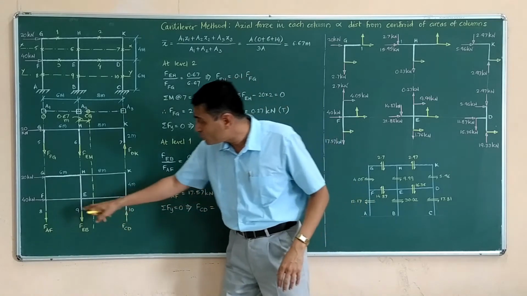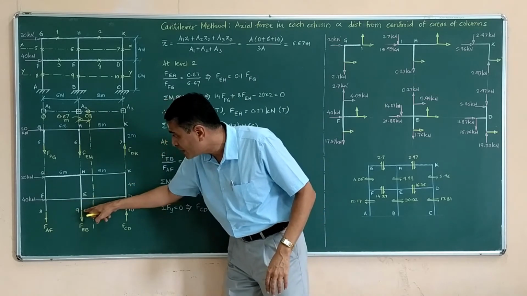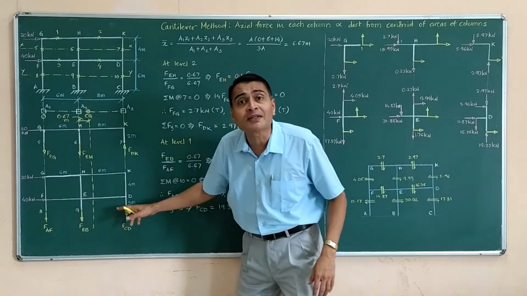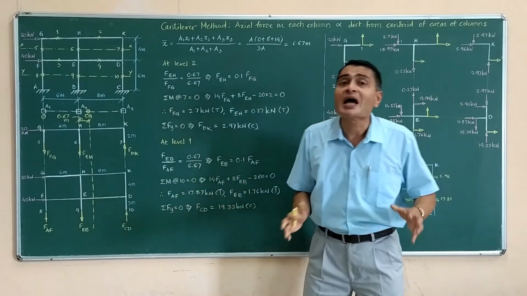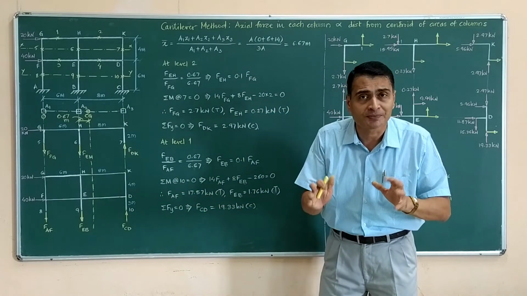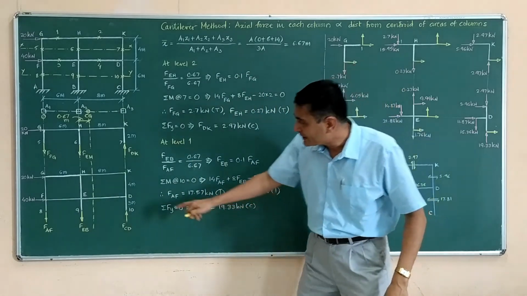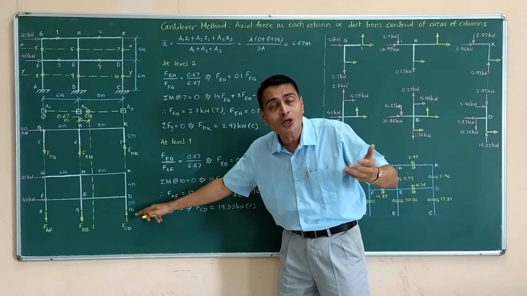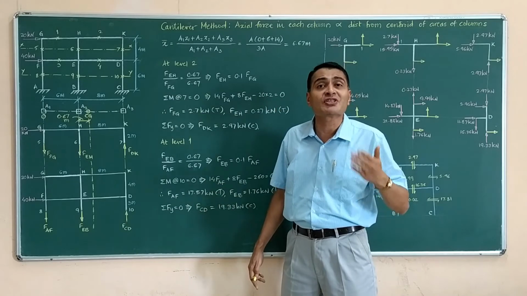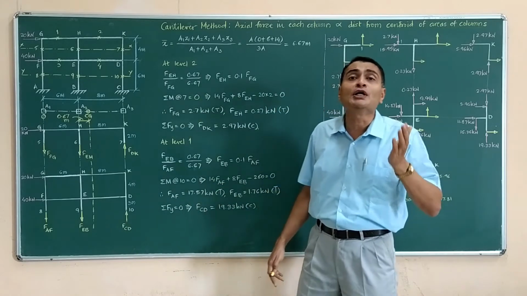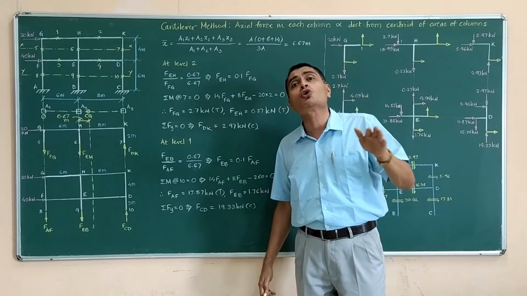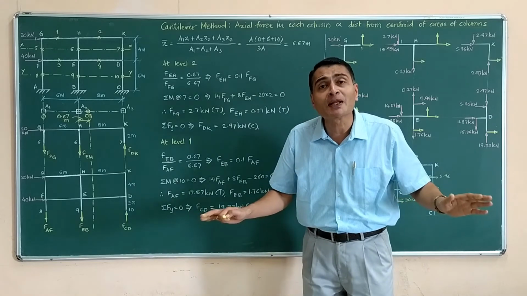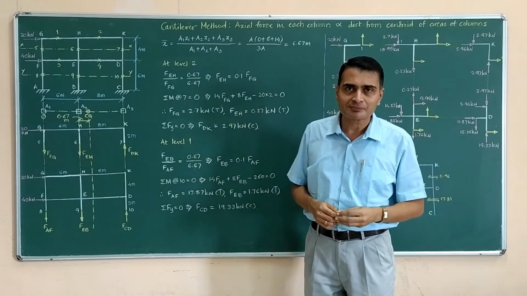And again, I have not shown H of 8, H of 9, H of 10, that is, the horizontal shears have not been shown, for the reason that I am going to first apply sigma m about 10 equal to 0, and later on I am going to apply sigma Fy equal to 0. In both these equations, those horizontal shears will not play any role.